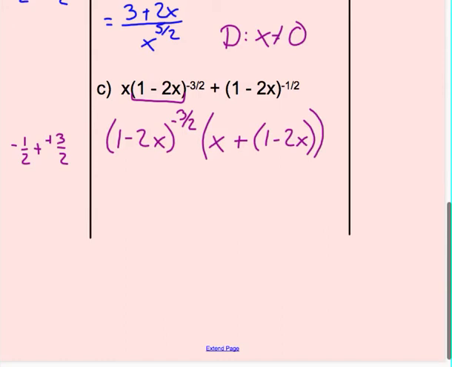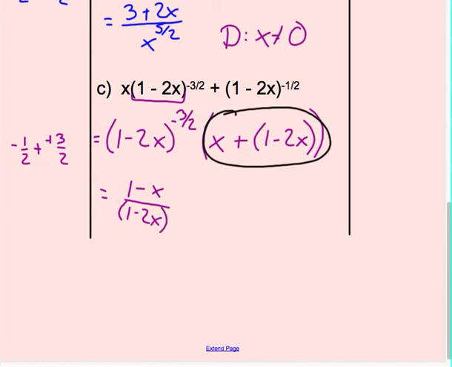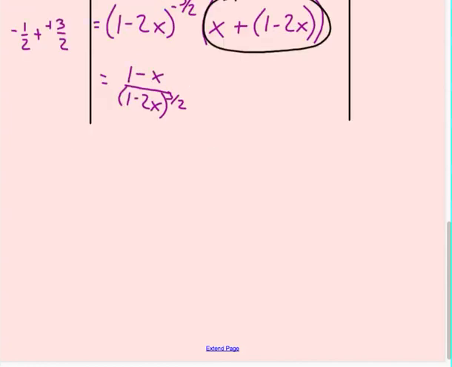So that's simplified kind of nicely. So I'm going to do 2 things on this one. I'm going to simplify what's left in my numerator while I move my negative power term to the denominator. So this mess right here is my numerator, so I'm going to simplify that to 1 minus x. And then we've got the 1 minus 2x to the 3 halves power in the denominator.